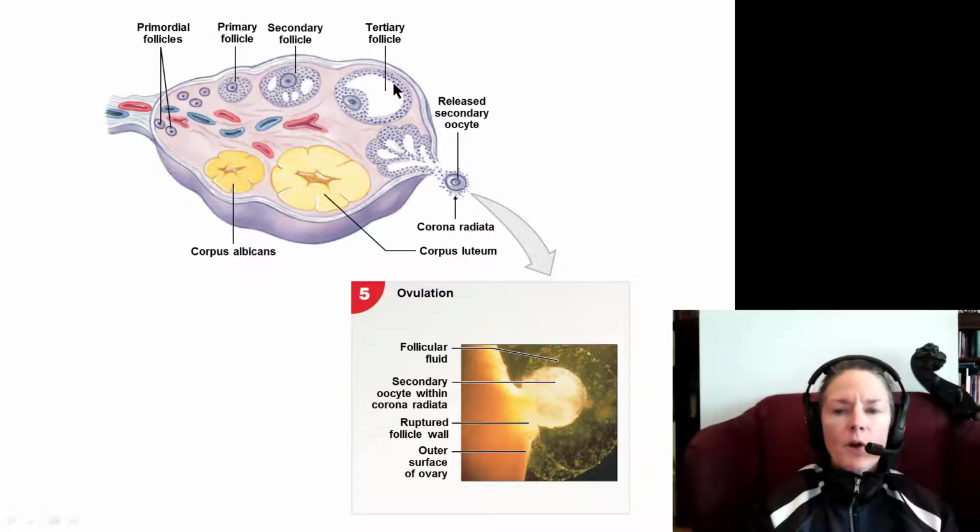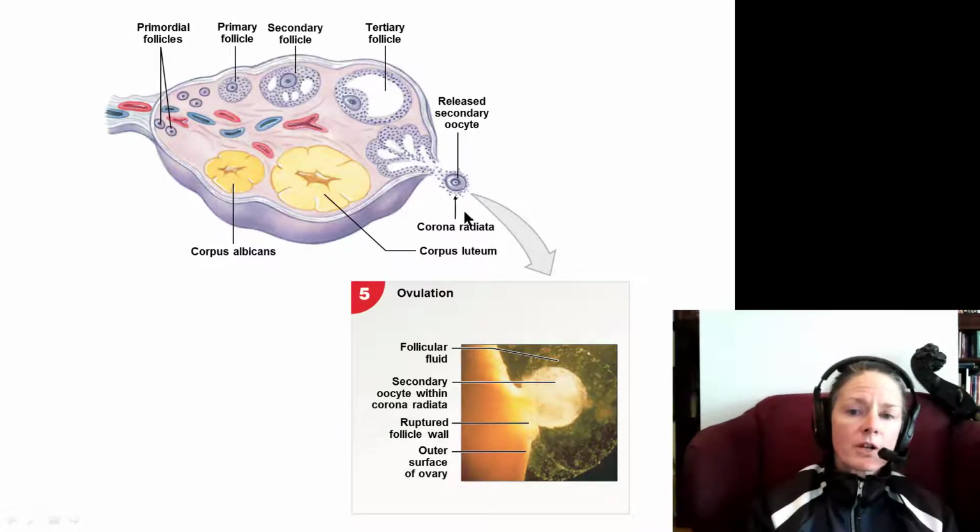And at that point, under the stimulation of luteinizing hormone, which gets its name because it's going to cause ovulation, we're going to see the expulsion of the oocyte along with the corona radiata and some of the follicular fluid, and that's going to leave the ovary and be swept into the uterine tube.